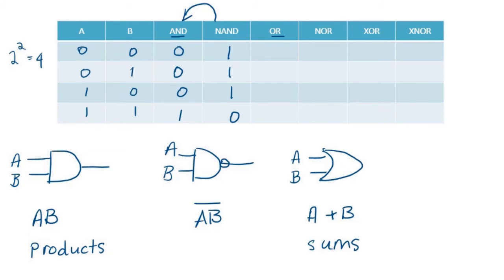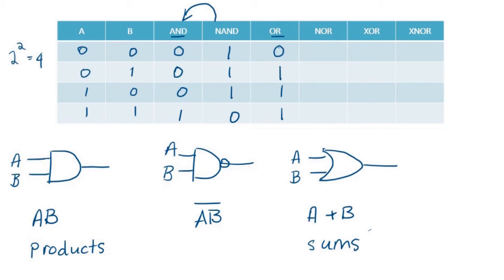And I'll show you how that works in a moment. Again, the symbol for OR is a plus. The output for OR is positive, is 1, if either A or B, or both A and B, are equal to 1. So if A and B are both 0, that's the only case where OR is 0, and in all other cases, it's a 1. So that's very important, A or B or both.